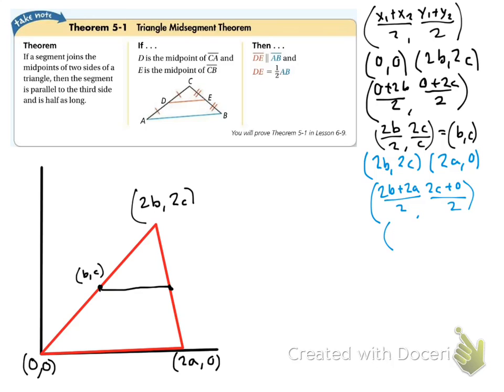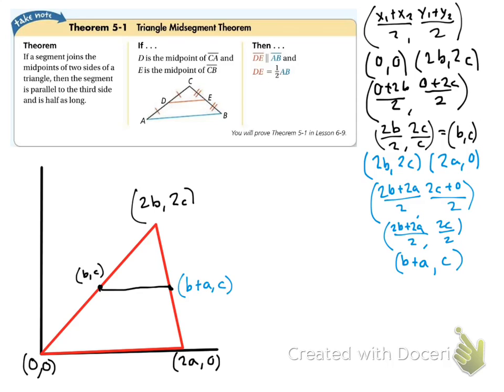So this is going to turn out to be, we'll leave it as 2b plus 2a right now, over 2, and we get 2c over 2. So the 2c over 2 is obviously going to be just c. To figure out what our x coordinate is, you can divide 2b by 2, which will give you b, plus, and divide 2a by 2, which will give you a. So this is the point b plus a, comma, c.